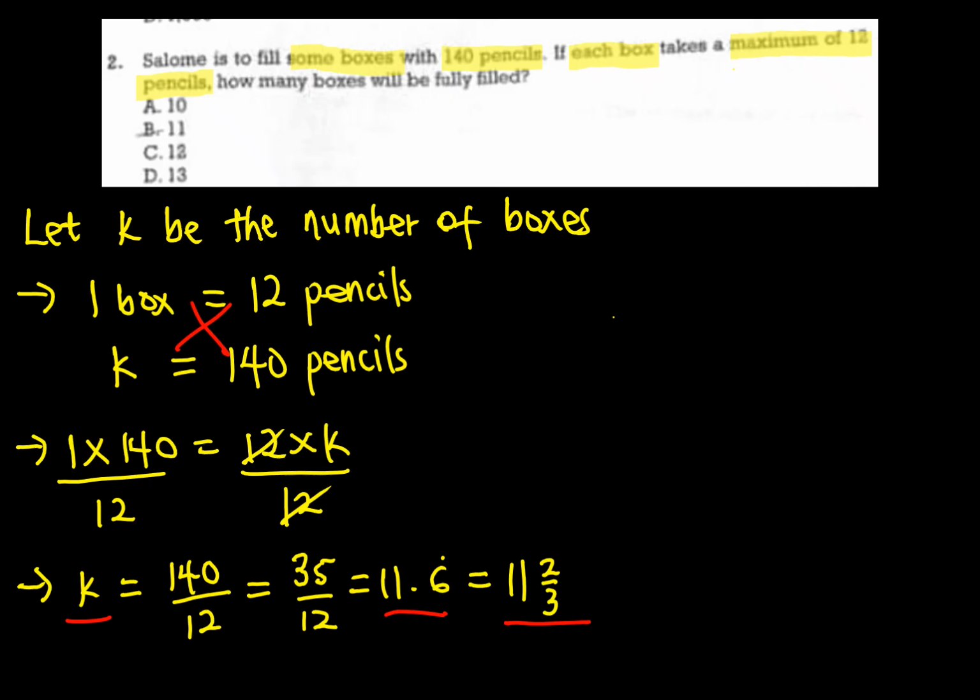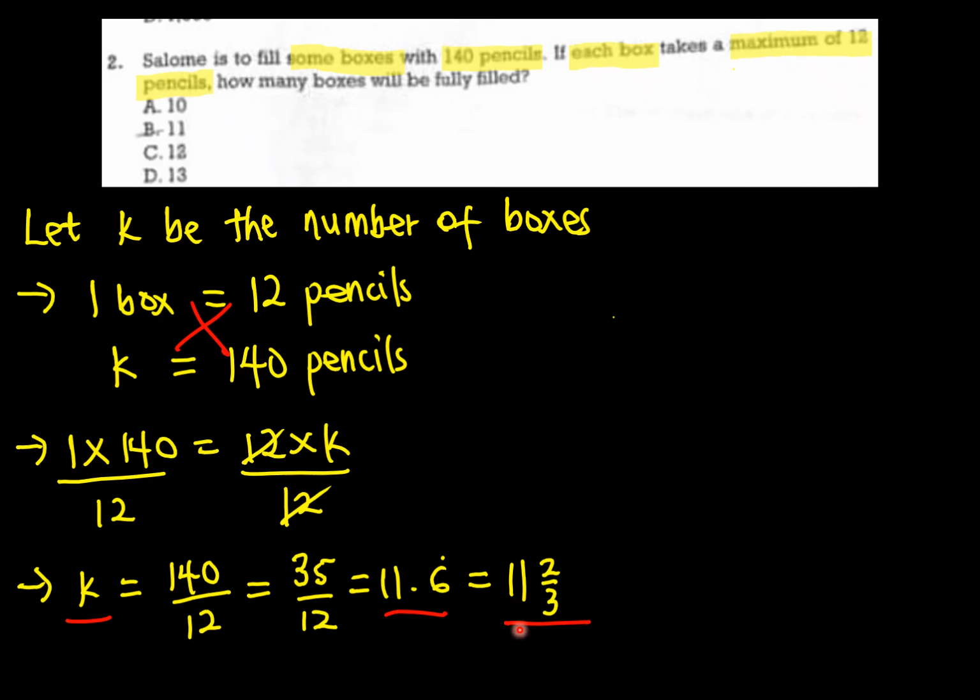Now, looking at the mixed fractional part, we can say that we have 11 boxes and 2/3 of a box, meaning that if we have 11 boxes of the same size, there is this particular short box which is 2/3 of the size of the other boxes.